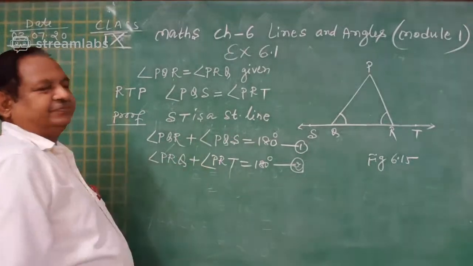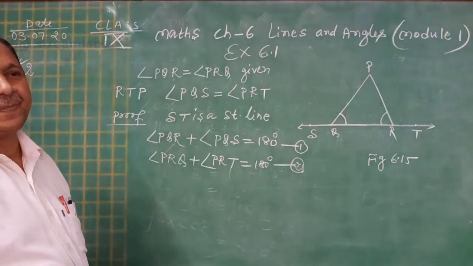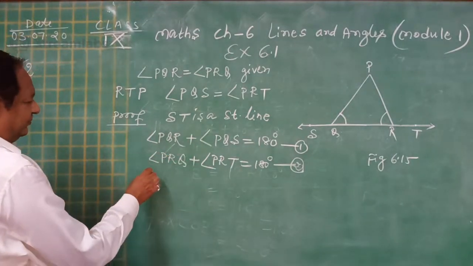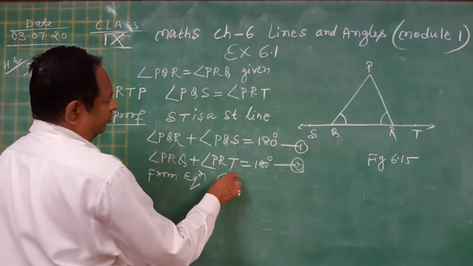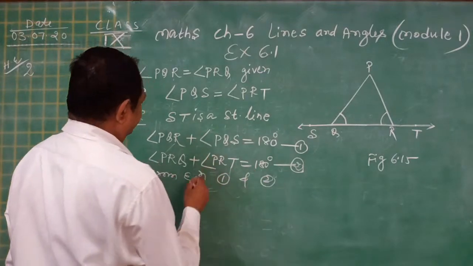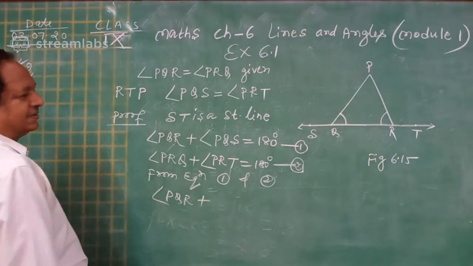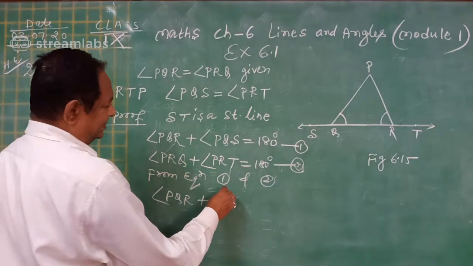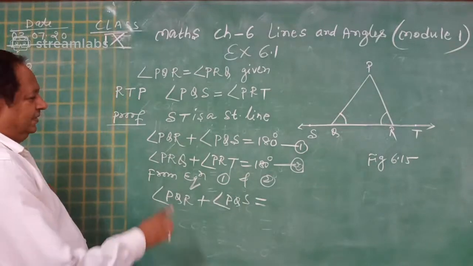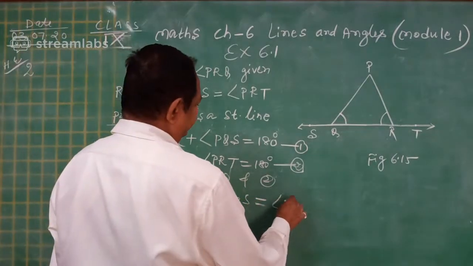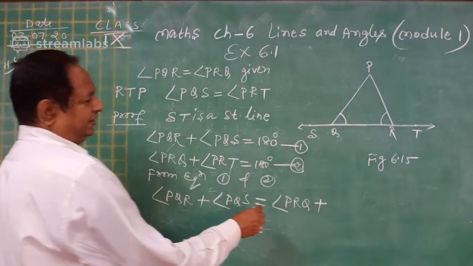From 1 and 2, the right hand sides of both equations are equal, so the left hand sides will also be equal. Angle PQR plus angle PQS is equal to angle PRQ plus angle PRT.